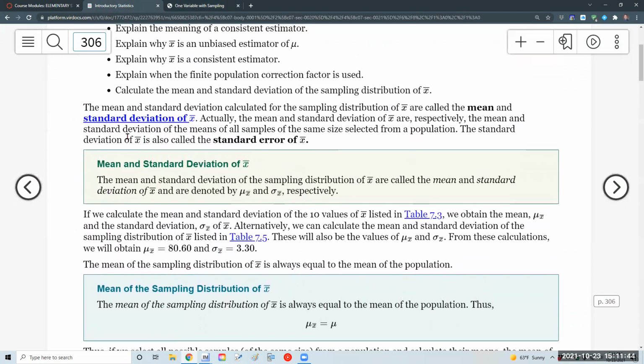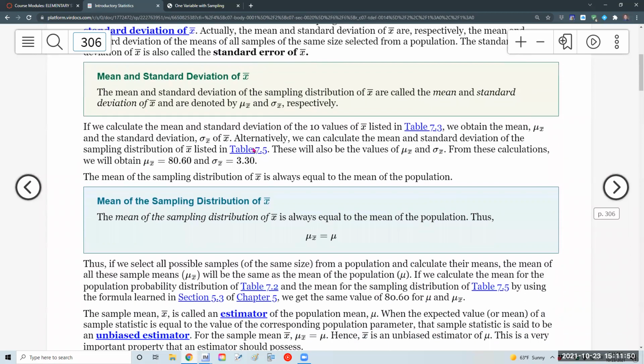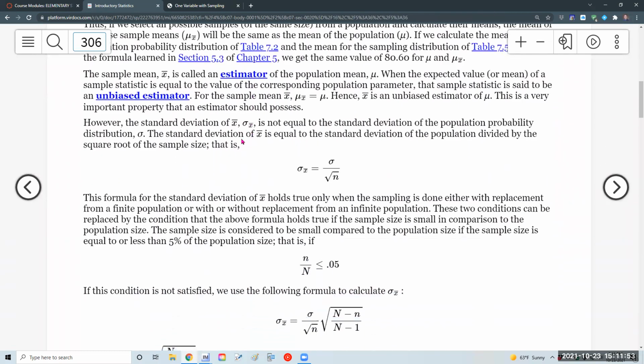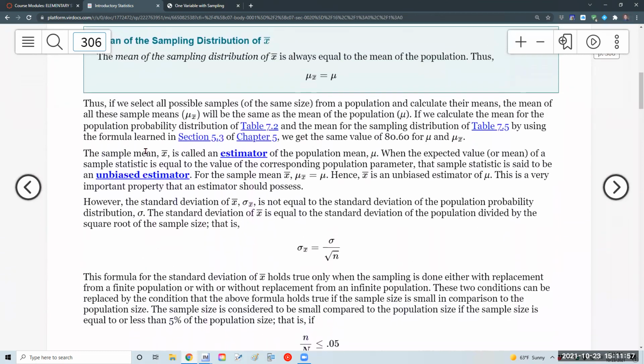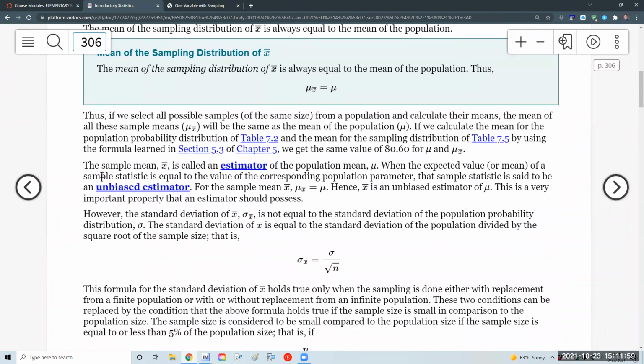The standard deviation of X bar, sigma sub X bar, is also called the standard error of X bar. And you'll probably see why that is the case in the next chapter. The sample mean X bar is called an estimator of the population mean mu.